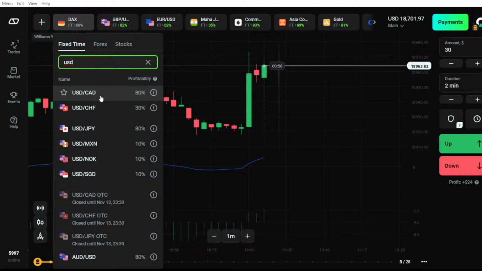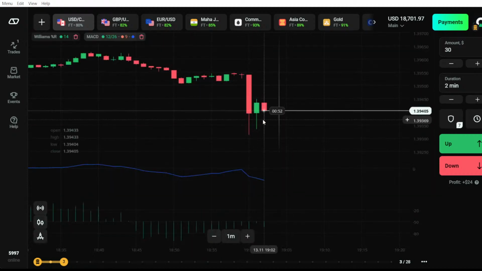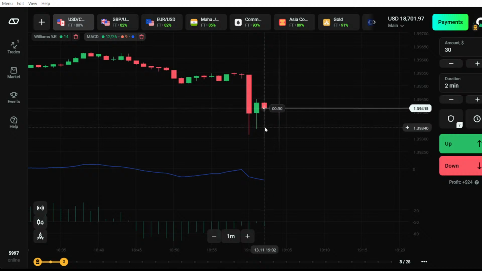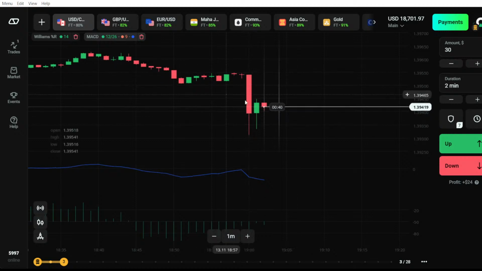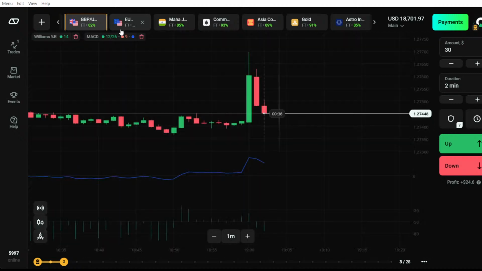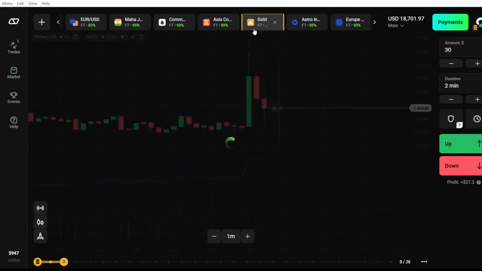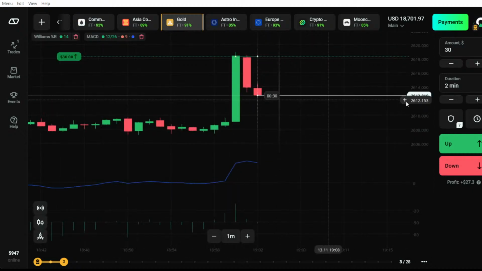Let's see if it's there. See, I'm sure that there is some data which just floated into the market. I haven't kept an eye on today's news release, but these types of trends are the result of some data updation in the market. Data floated into the market. Okay, so the market is trying to recover it.